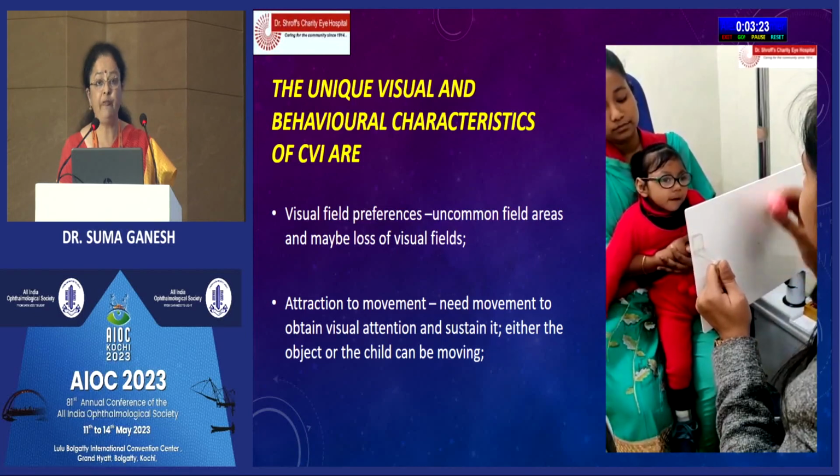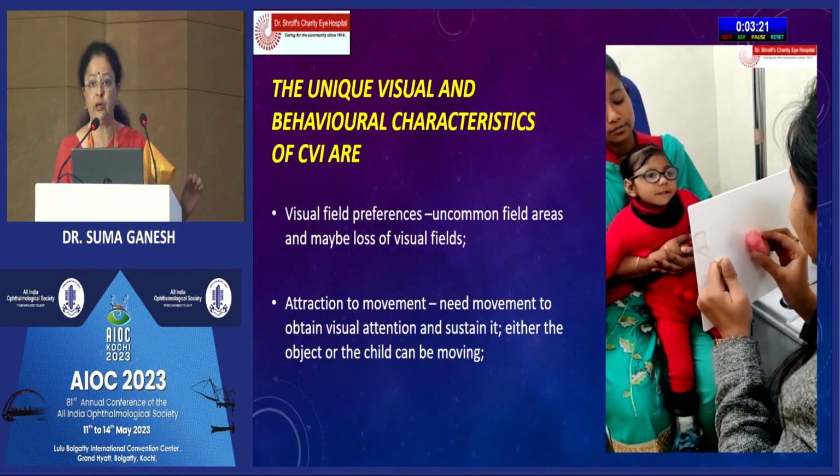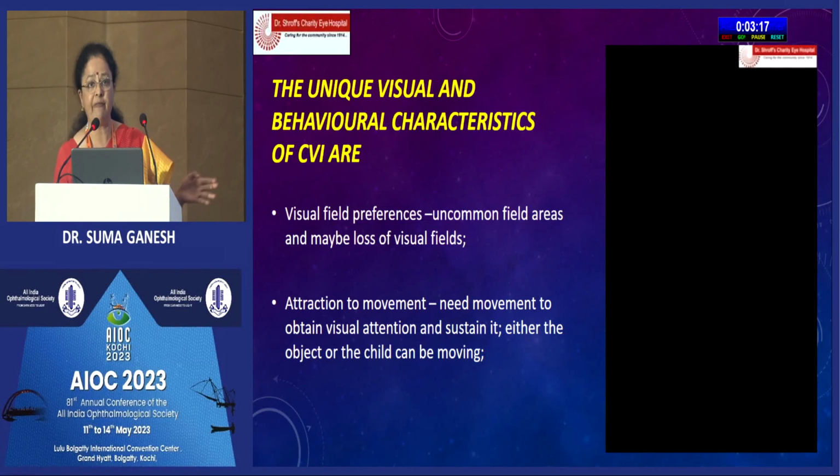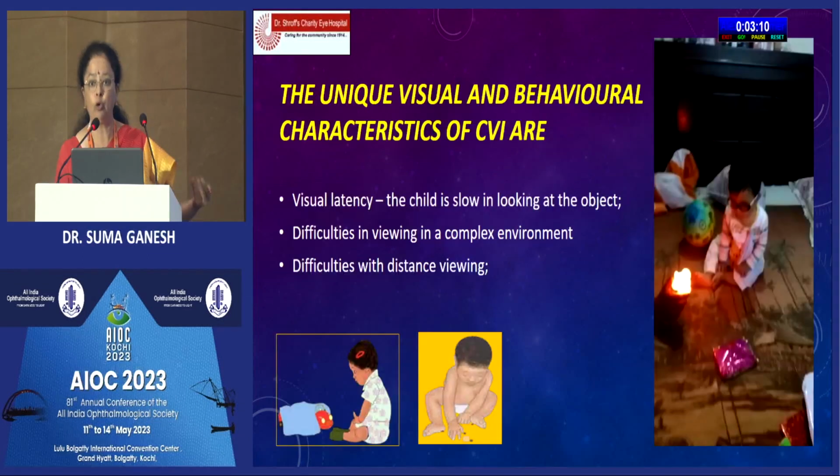So if there's an inferior field defect, we will write and give to the therapist that there is a field defect in the left gaze, the right gaze, or the inferior field. All this information we need to give to the therapist so that they can work on those fields and improve those fields of the child.